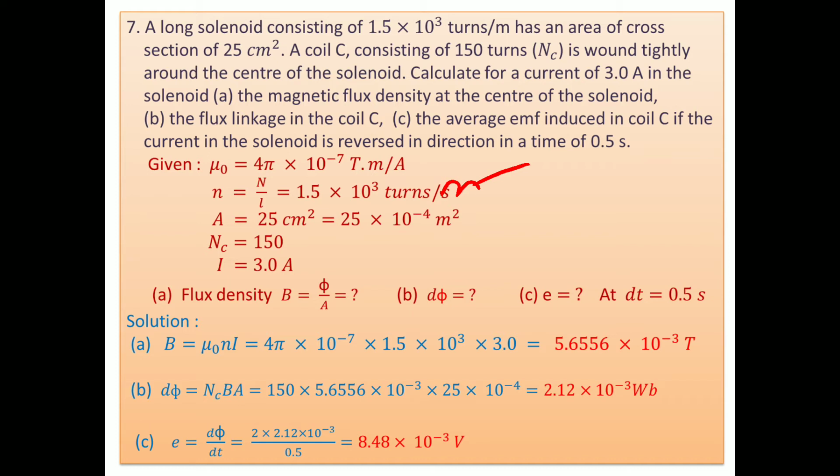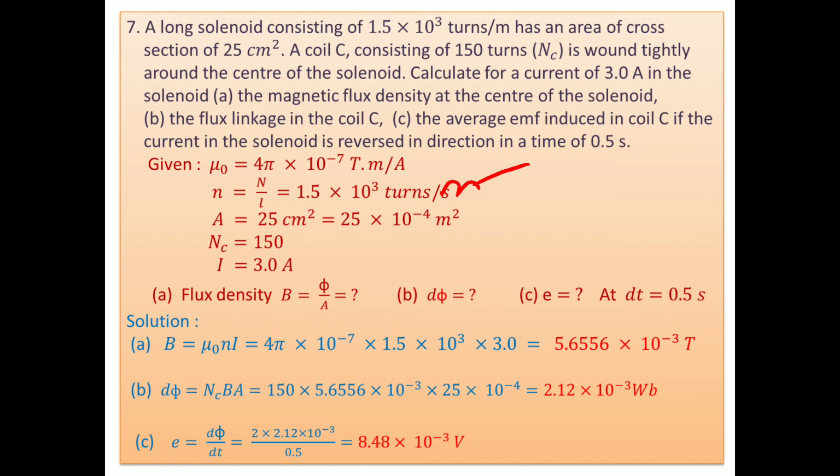A coil consisting of 150 turns, number of turns of the coil are 150, is wound tightly around the center of the solenoid. Calculate for a current of 3.0 ampere in the solenoid. Current is given 3.0 ampere. The magnetic flux density at the center of the solenoid. You have to calculate magnetic flux density means magnetic field.